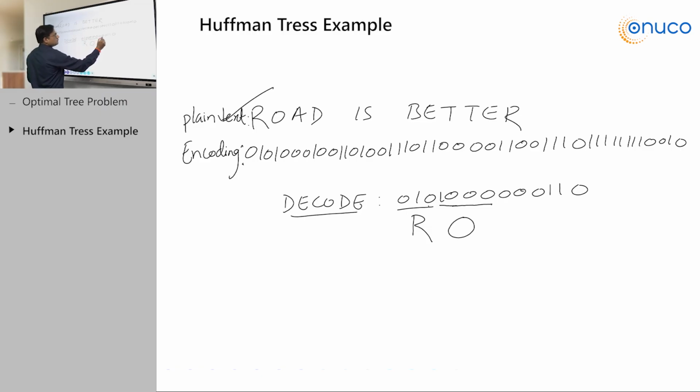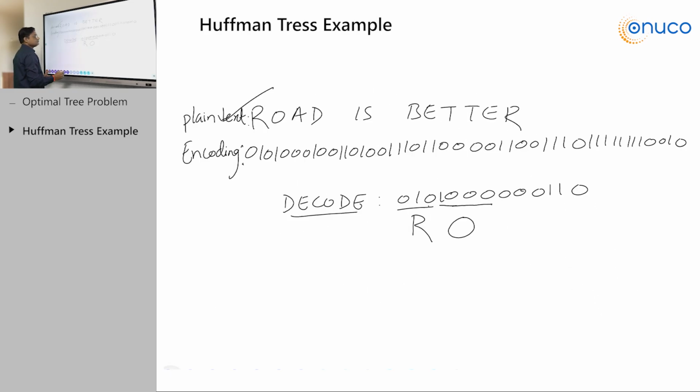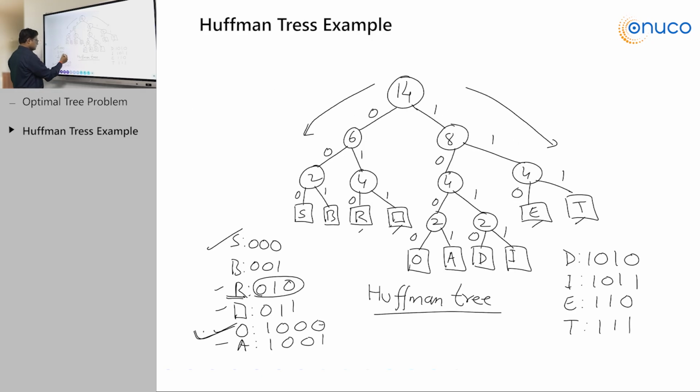Now the 0 0 pattern, double 0 triple 0 pattern, we need to check. So there we have a triple 0, so it will be S, right? So this is S. Now 1 1 0. Let us see where is 1 1.